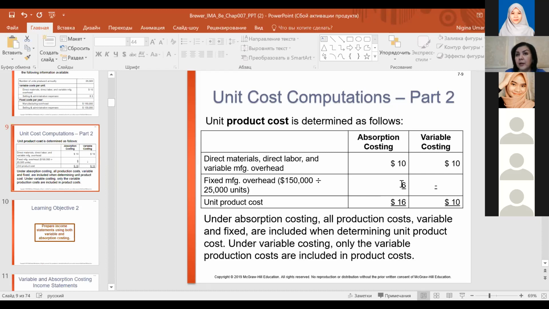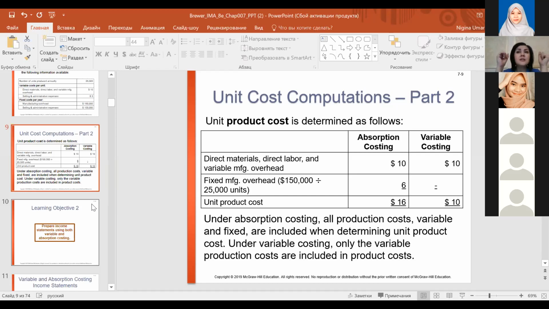Okay, and that's why the portion of fixed manufacturing overhead resides in the inventory. So this portion of fixed manufacturing overhead is not included in the income statement, but it resides in the inventory, still in the inventory. Because under absorption, we include these costs into the unit product, each unit.